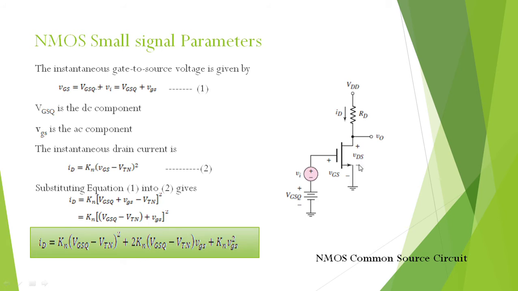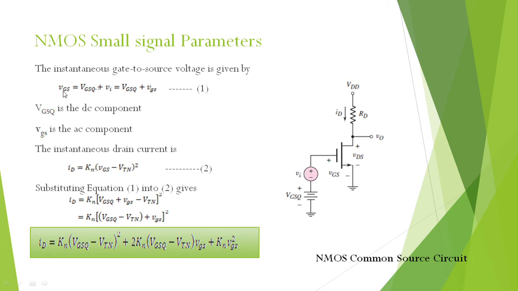Now this time varying signal applied to the circuit is going to generate a time varying gate to source voltage. So we can replace this Vi with vgs in equation 1.